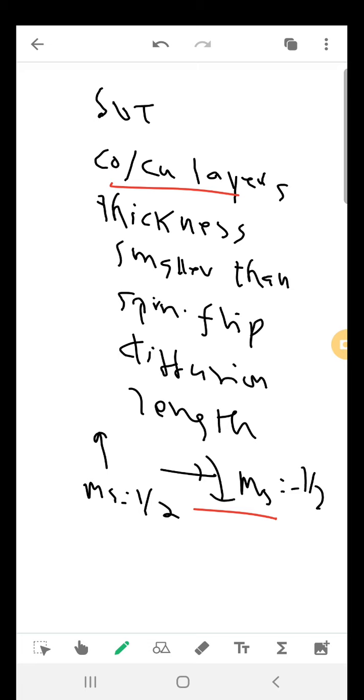So it implies there are two current modes, corresponding to spin up and spin down, in an SVT.